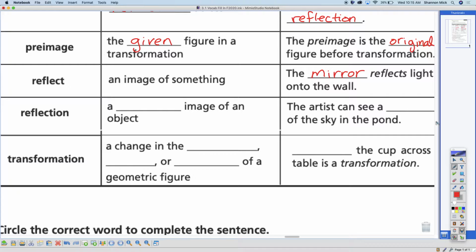How would you describe a reflection of something? A mirror image? The artist can see a blank of the sky in the pond. Reflection.